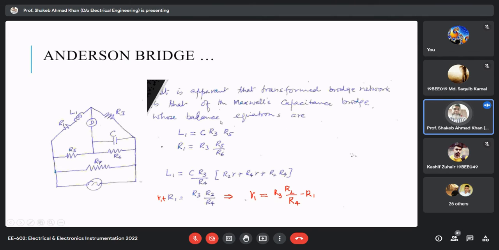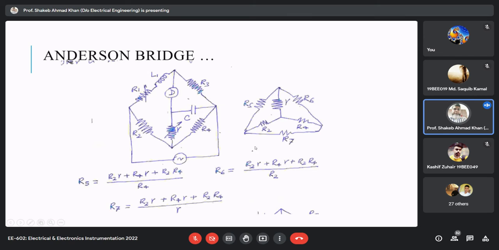Now we'll put in the values, your R5 and R6 values here. So your L1 will be this, the balance equation will be this, and for your R1, this will be the balance equation. In this case, R1 is a discrete resistance, and small r1 is basically the inductor's resistance.